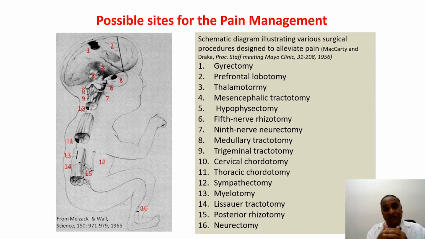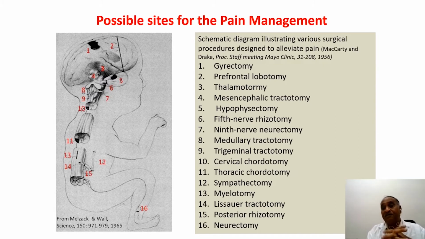Trigeminal tractotomy, that means the tract from the trigeminal nerve is severed. Cervical chordotomy, in this condition the lateral spinothalamic tract in the cervical cord is severed. Same thing at the thoracic level, thoracic chordotomy.